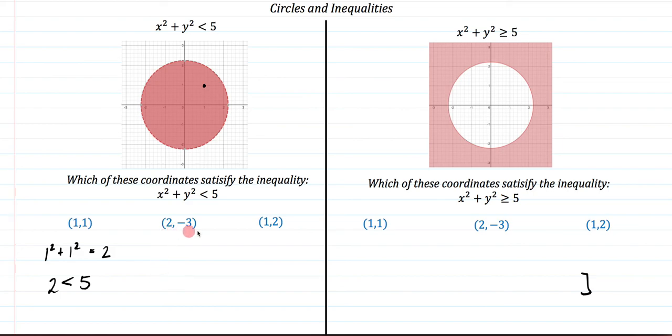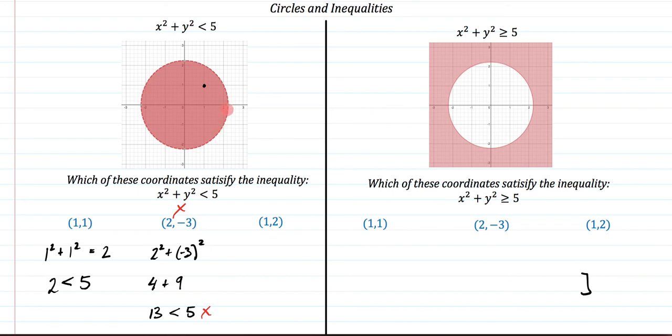If I was then to sub in this coordinate into this inequality, I'm going to get 2 squared plus -3 squared, which is going to be 4 plus 9. 4 plus 9 is 13. Now, is 13 less than 5? It is not. Therefore, this does not work.